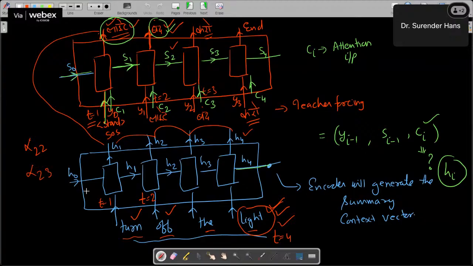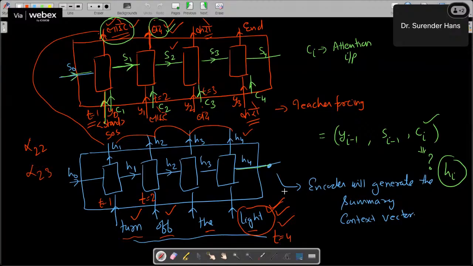The hidden state is the short-term memory, along with the cell state. The moment you send the last word of the input sequence, the encoder generates one summary in the form of the context vector.